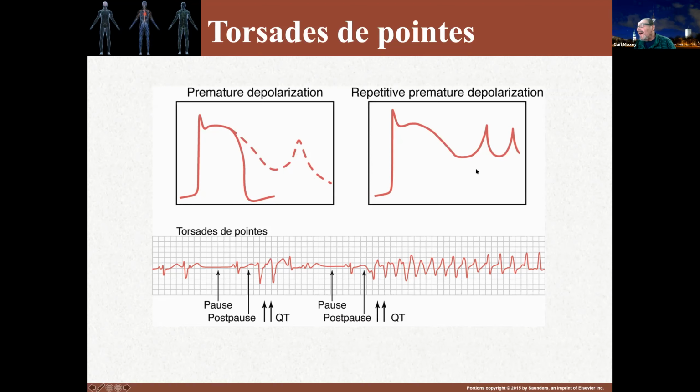And then that becomes repetitive. And so here we see, again, an imagined tracing here, where here's our normal-ish EKG. We have this pause, another QRS complex, a post-pause region, and then we have this event occurring here, irregular QRS complexes. Another pause and post-pause, and then we go into the torsade.